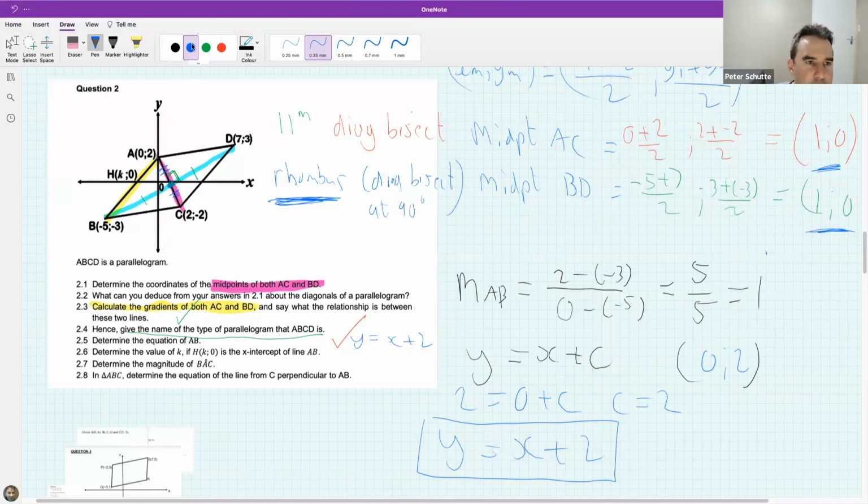2.6 says, determine the value of k, because if we don't do this now, you're going to forget how it's related to the equation. Determine the value of k if (h, k) is the x-intercept of the line. Maybe someone can come online and tell me what they're thinking.